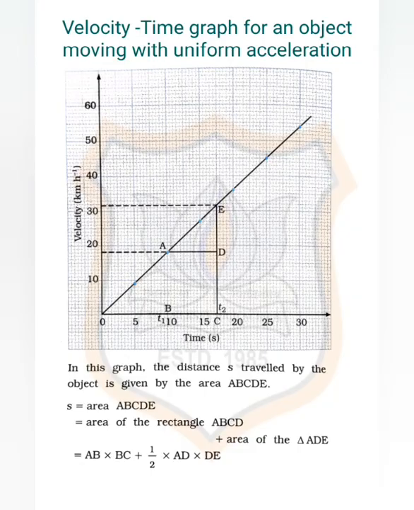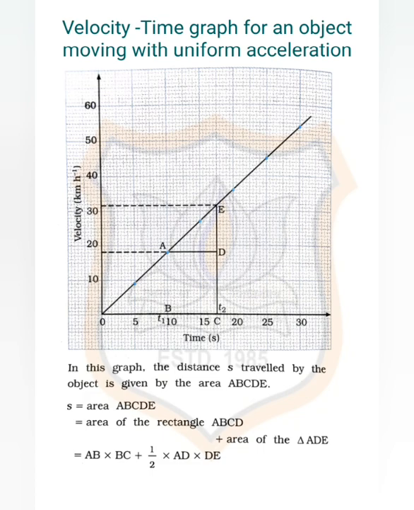We can also study uniformly accelerated motion by plotting its velocity time graph. So let us take an example. Consider a car being driven along a straight road for testing its engine.